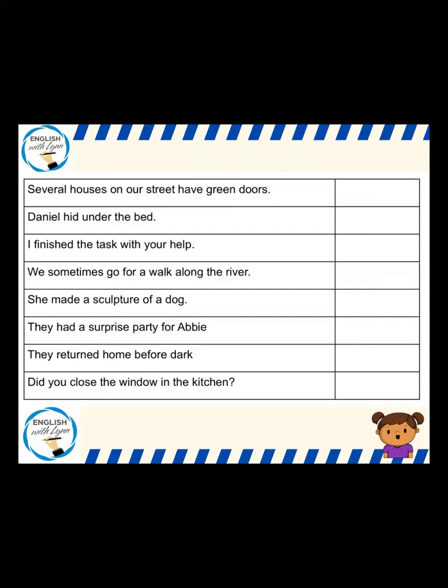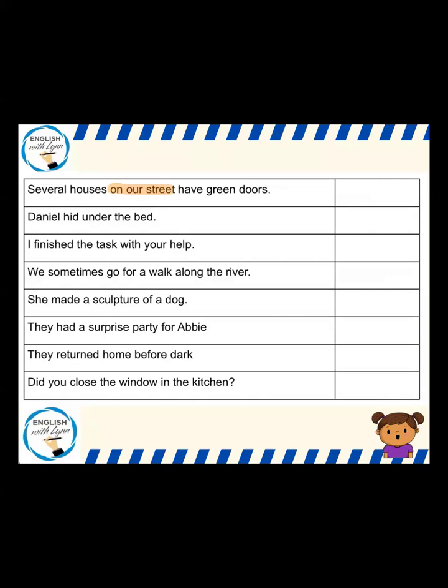In that first sentence, I've got: several houses on our street have green doors. The important bit, our prepositional phrase, is "on our street".